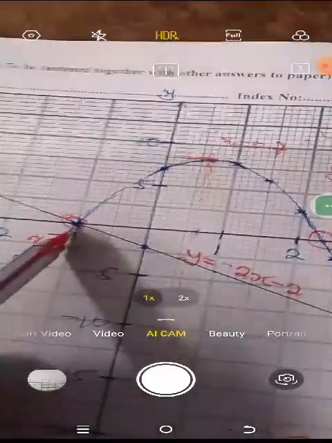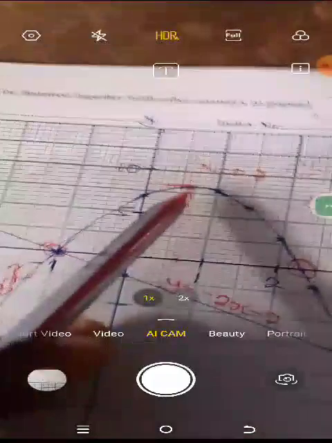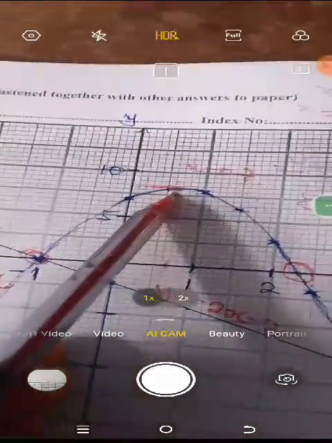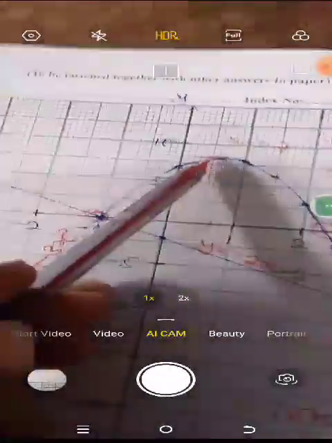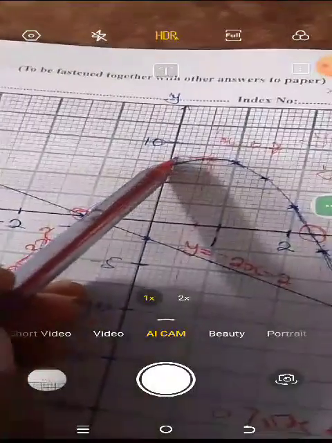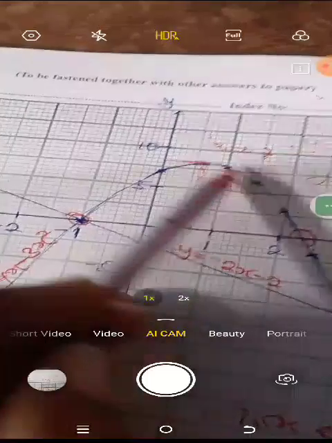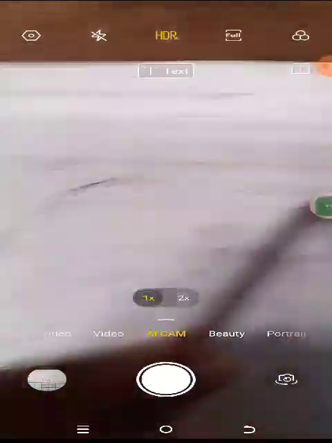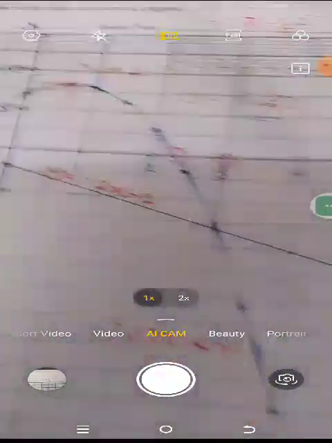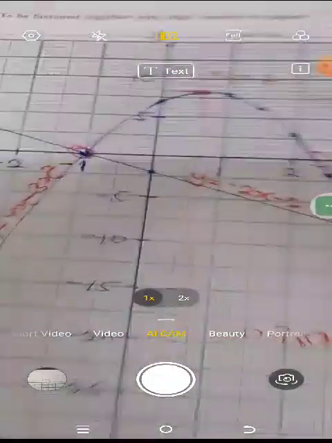Now, the maximum value, because the graph turned up, occurs here when we substitute the equation of the line of symmetry into this to get the maximum value. So these are the whole things that they will ask on graph of relation when we draw the graph.